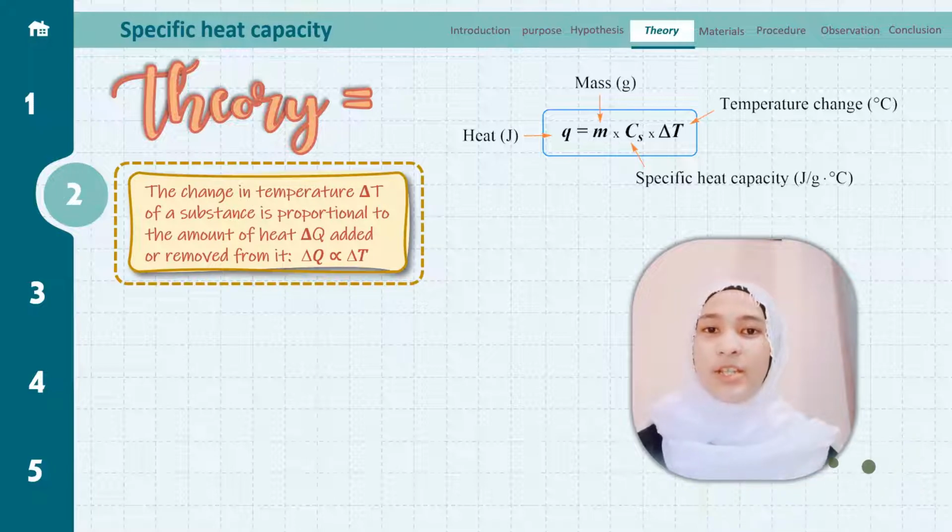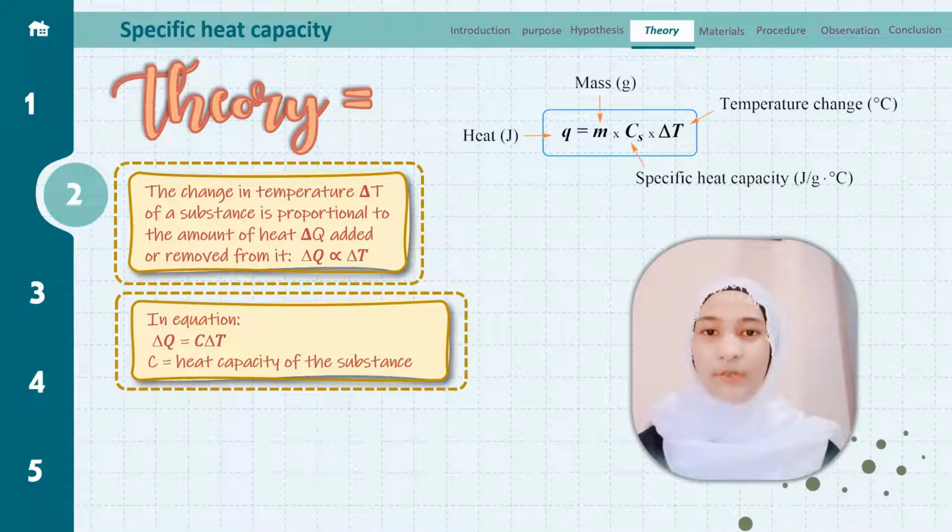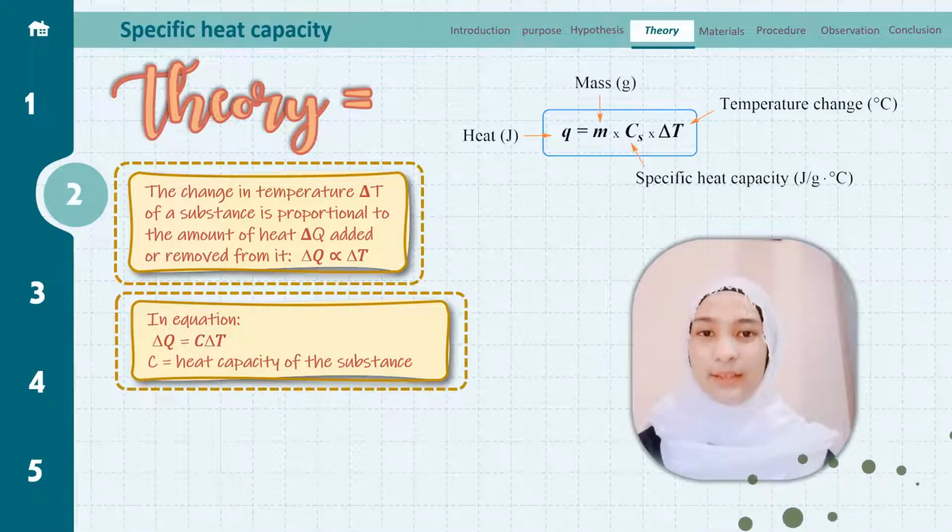The change in temperature ΔT of a substance is proportional to the amount of heat ΔQ added to or removed from it. In equation form, we may write ΔQ equals CΔT, where the constant of proportionality C is called the heat capacity of the substance.